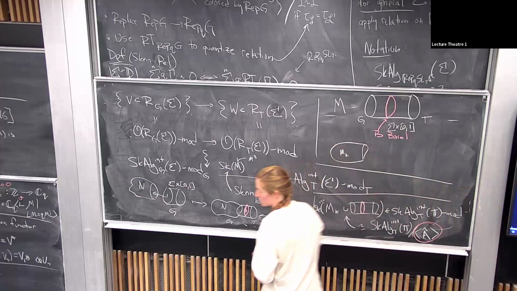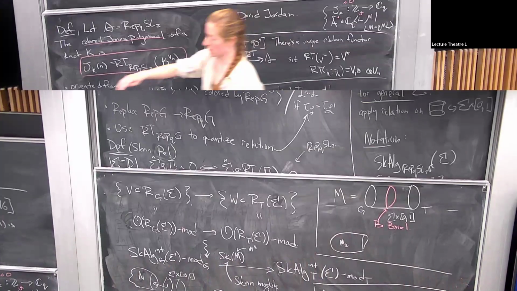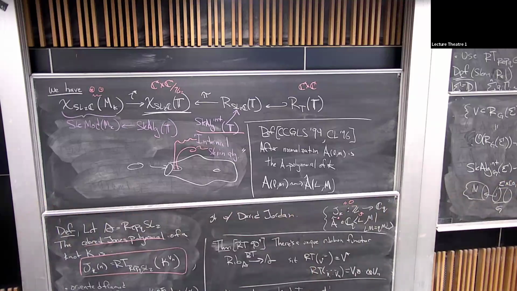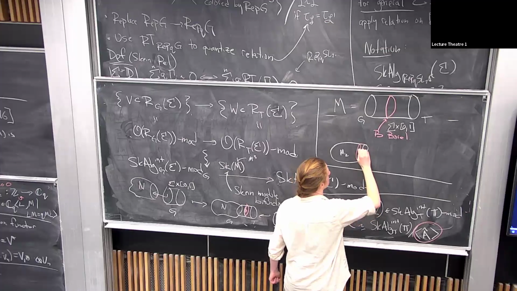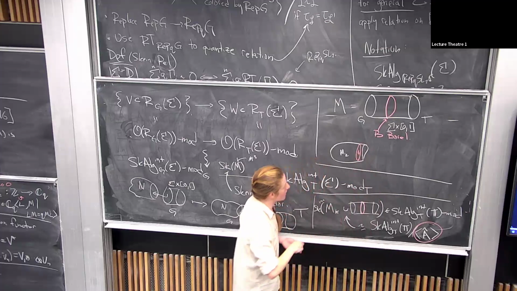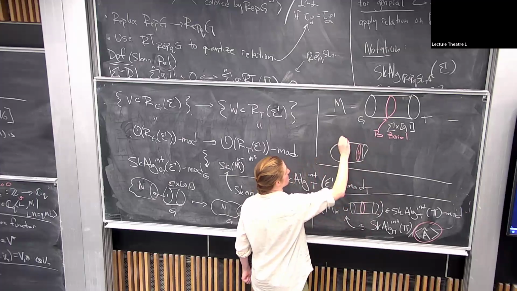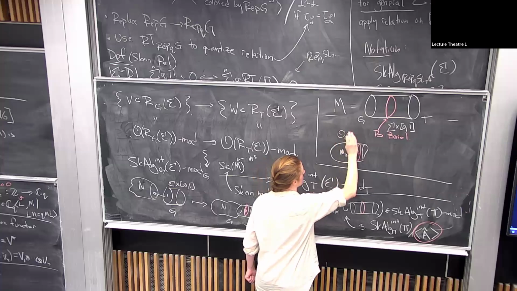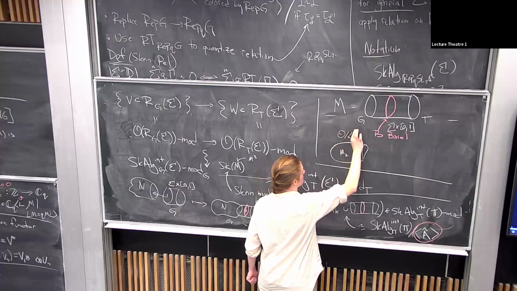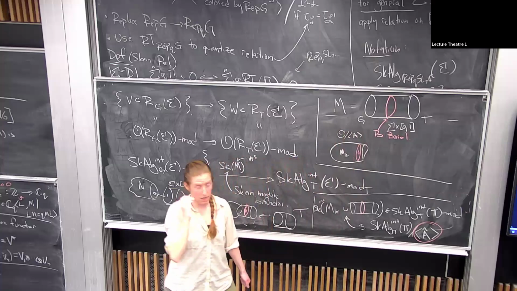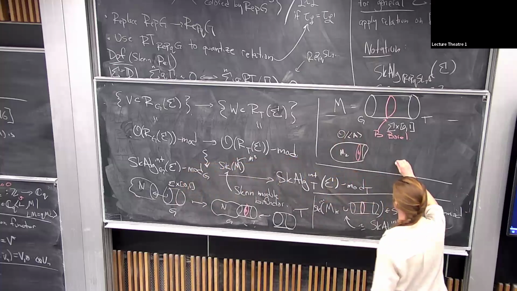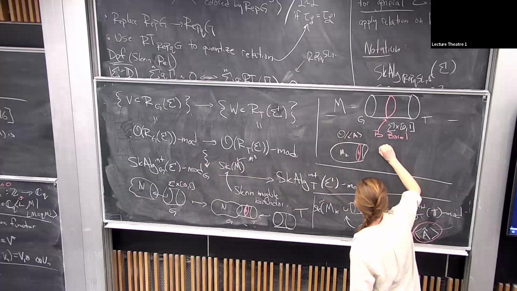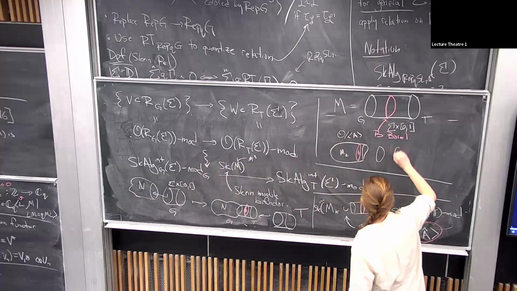I'll draw it in pink. This boundary, this thing here, is what's quantizing this. Right? And then the colored Jones, there's this action that I mentioned.